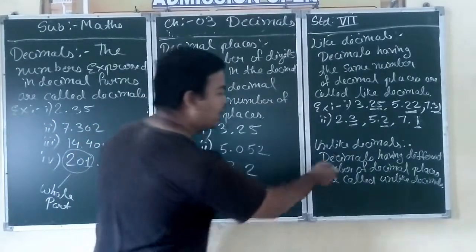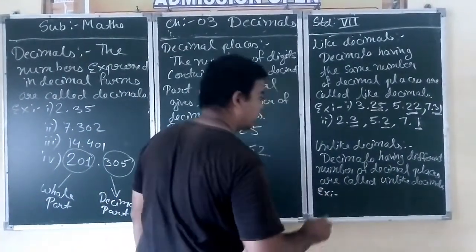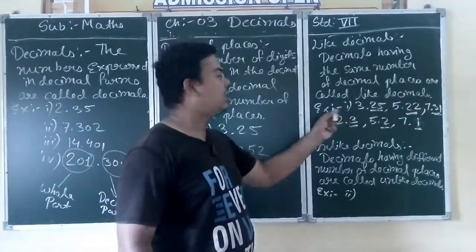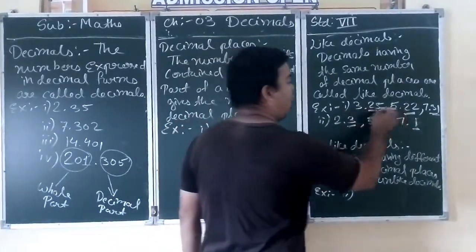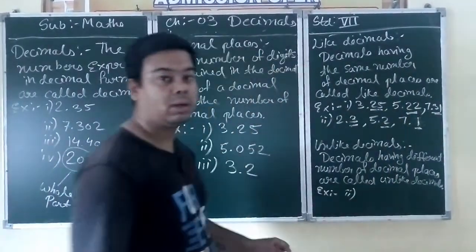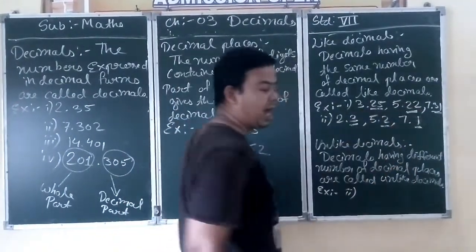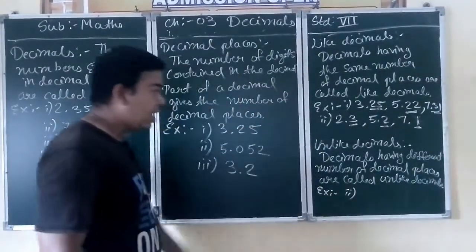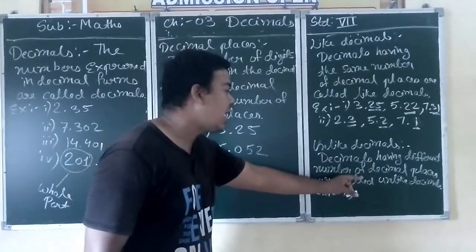And what is the meaning of unlike decimals? See the example. In like decimals, the decimal parts always have the same number of places, either tens, or hundreds, or thousands. Decimals having different numbers of decimal places are called unlike decimals.